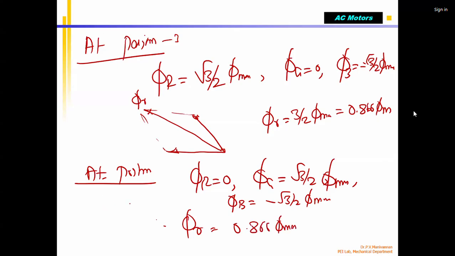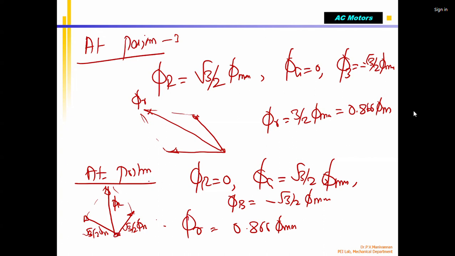Okay. The vector is going to be something like this. This is phi r. Okay. And this is root 3 divided by 2 phi max. This is also root 3 divided by 2 into phi max. This is the resultant vector.